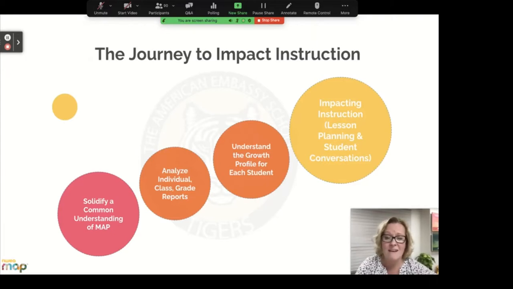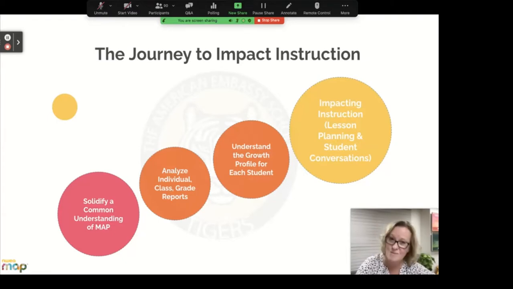Now, when we come back in the fall, that's when we're really going to dig deep into this data. We'll begin by analyzing individual class and grade level reports, which will give us insights into achievement. But the most important piece with that is partnered in the growth data. We're looking forward to understanding the growth profile for every single student here.